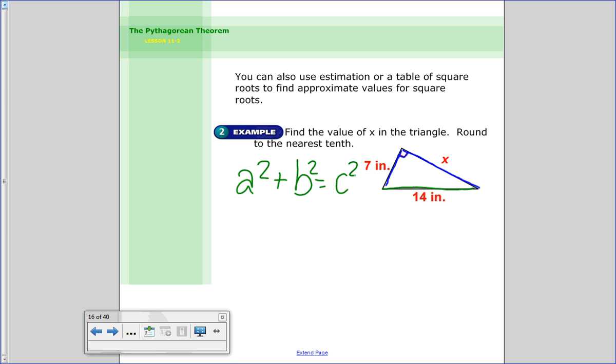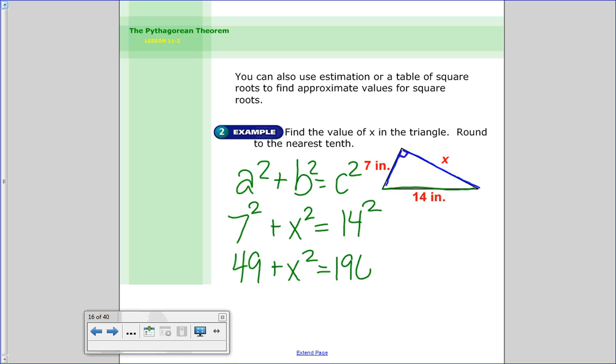All right, so one leg is 7 inches. I don't know what the other one is, and they call it x, so I'll put an x. And then they tell me c is 14 inches. So doing this, well, 7 squared is 49, plus x squared is equal to, well, 14 squared is 196. And then you go ahead and solve it. So here, again, I have to get x squared by itself, so I subtract 49.